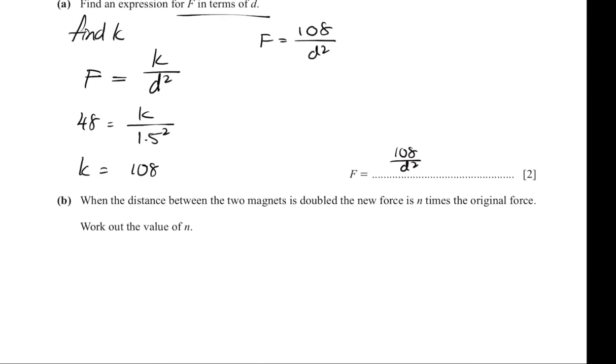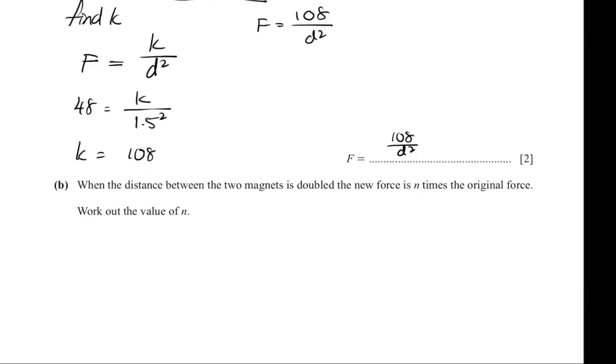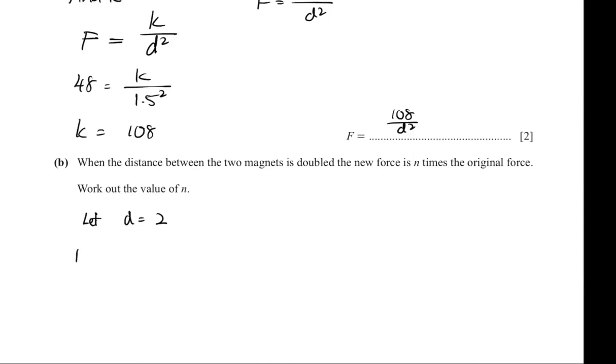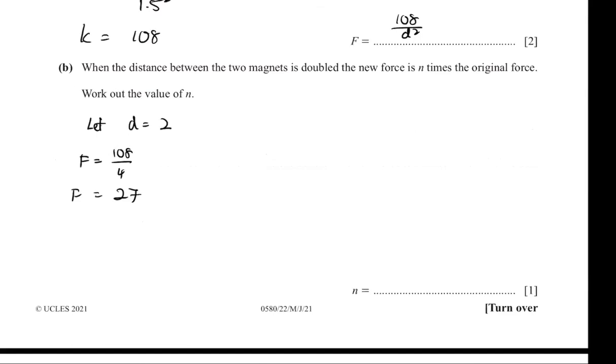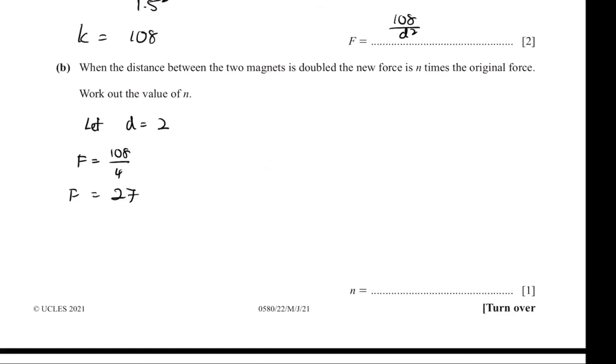Okay, let's try this one here. Let D be equal to 2. So F is equal to 108 divided by 4. F is equal to 27. Okay, let's say the distance is multiplied by 2, then D is equal to 4.